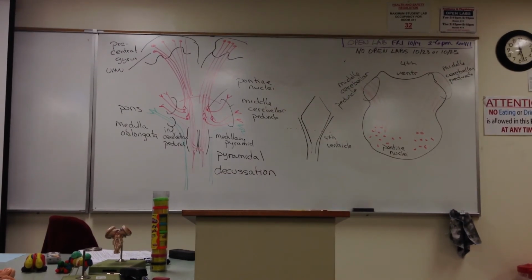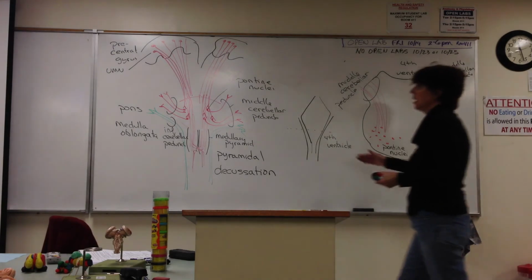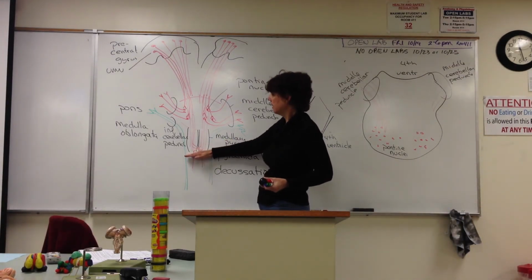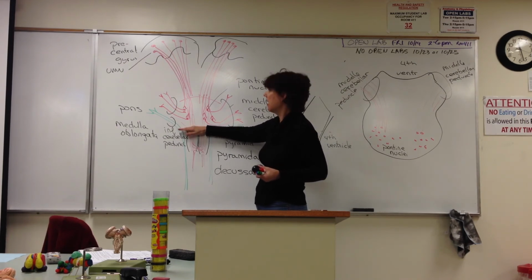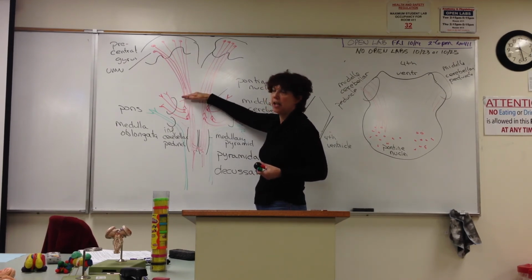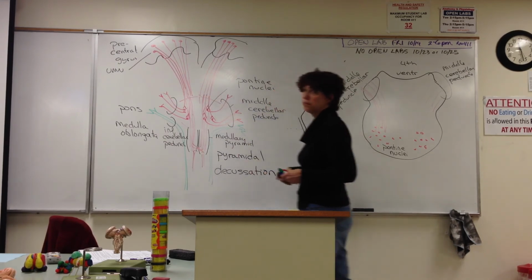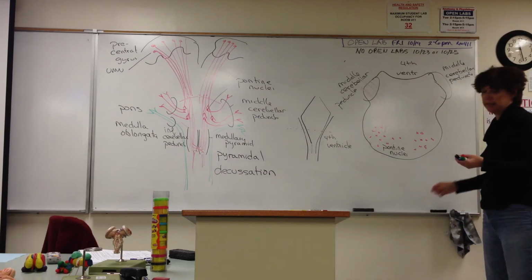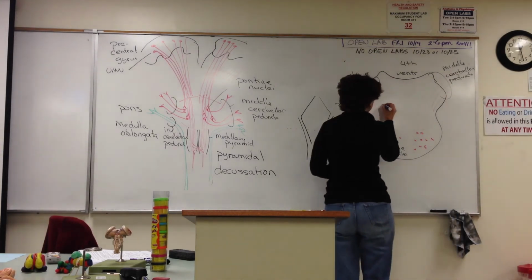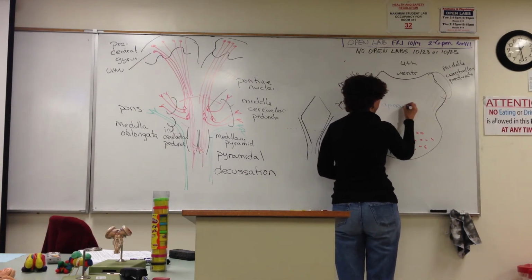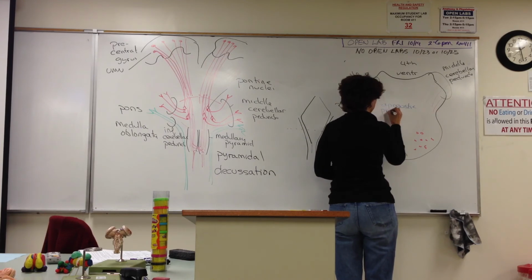So the pons also has a respiratory component. It adjusts the rhythm. So if we cut below the medulla, no breathing. If we cut between the medulla and the pons, there is breathing, but it's irregular. If we cut between the pons and the midbrain, we have a normal breathing pattern. Okay? So it modulates the breathing, but you can breathe without it. So these are known as the apneustic and pneumotaxic respiratory centers.